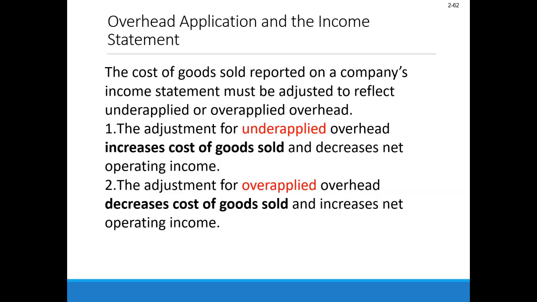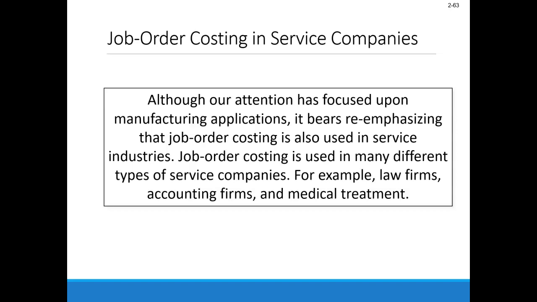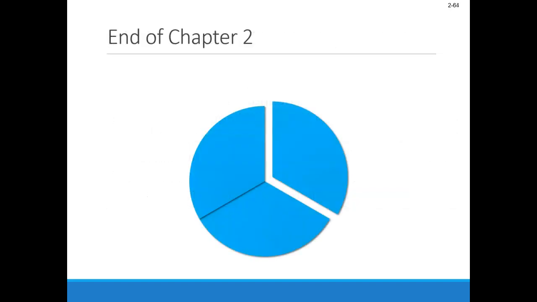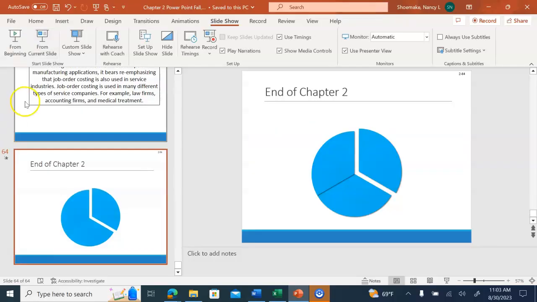So we're playing catch up. We can still do the same thing in service companies, although we might not have specific materials assigned per se, but we can assign costs to jobs in service companies just as we do in manufacturing companies.